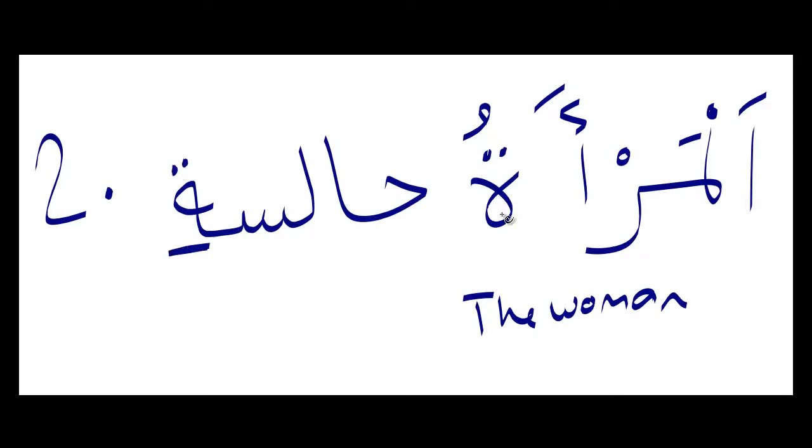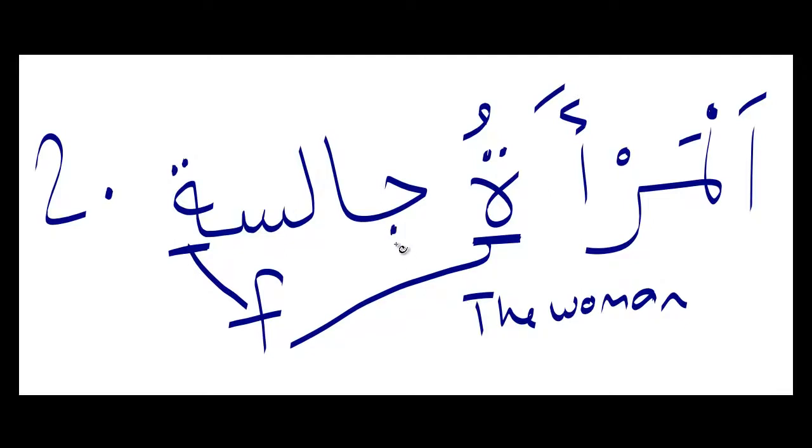Okay? So this little ta right here and this ta right here tell us that these words are feminine words. And that is how we get them both to agree in gender, by making sure that they are both feminine, so that the mubtada again agrees with the khabar. Jalisatun. Al-mar'atu jalisatun, the woman is sitting.